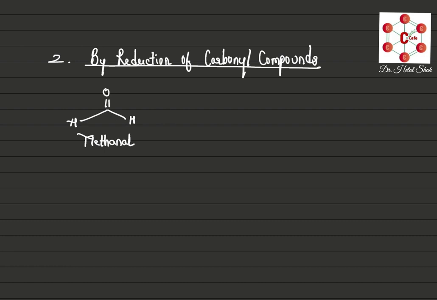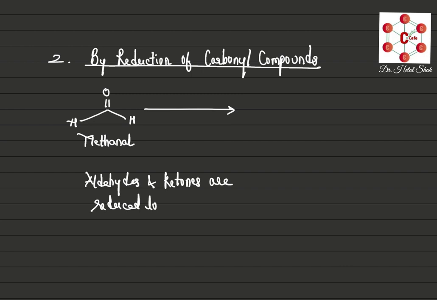You can use any one of these reducing systems. So for aldehydes and ketones, the reducing systems possible are reduced to alcohols by, you can have one system NaBH4 or LiAlH4.